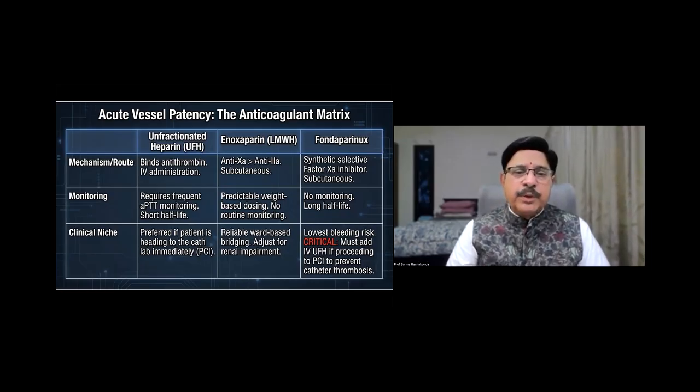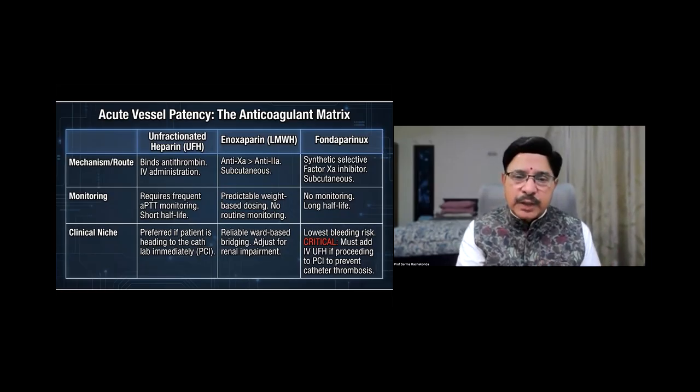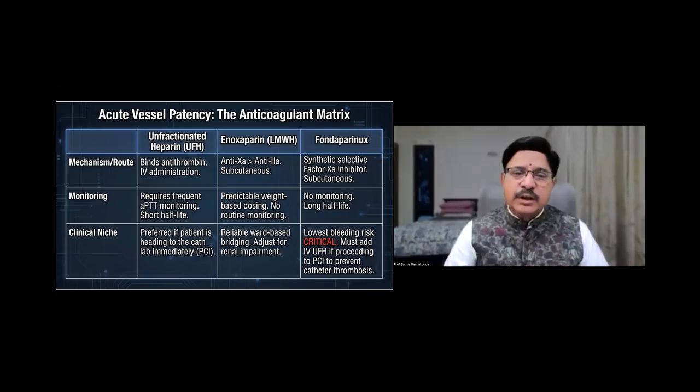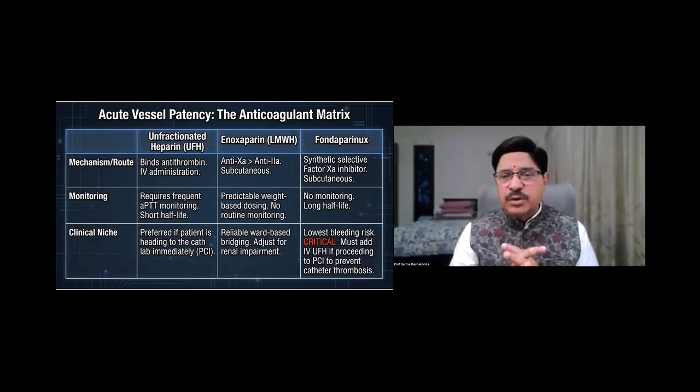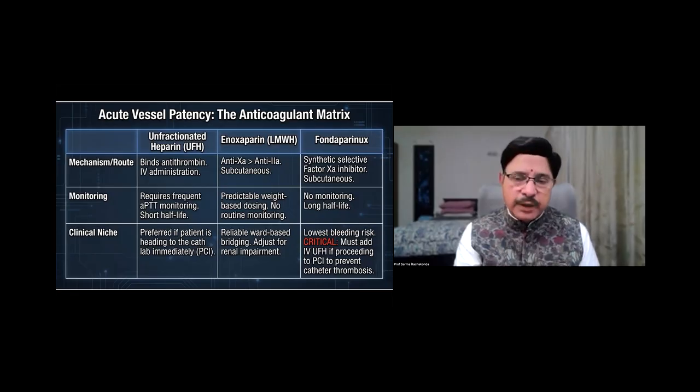Clinical niche: unfractionated heparin is preferred if the patient is heading to the cath lab immediately, give IV, 5,000 units. Enoxaparin is reliable weight-based bridging; adjust for renal impairment by reducing the dose. Fondaparinux has the lowest bleeding risk among all three, but you must add IV unfractionated heparin if directly proceeding to the cath lab.